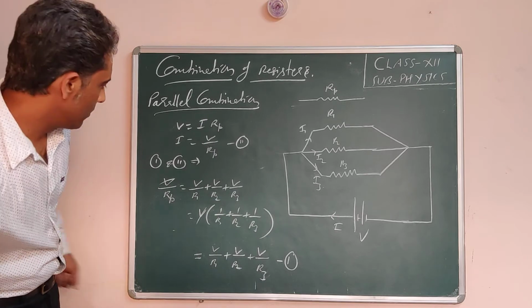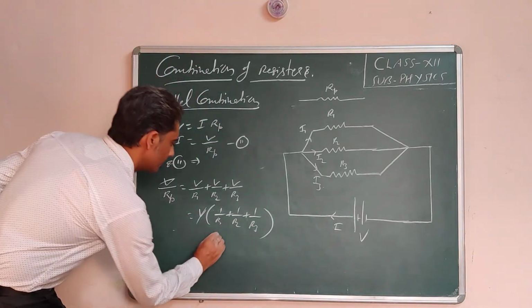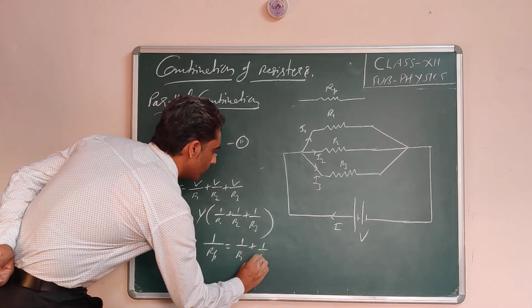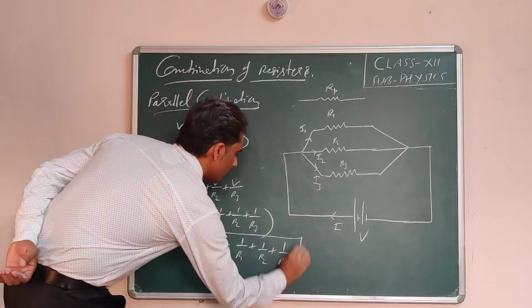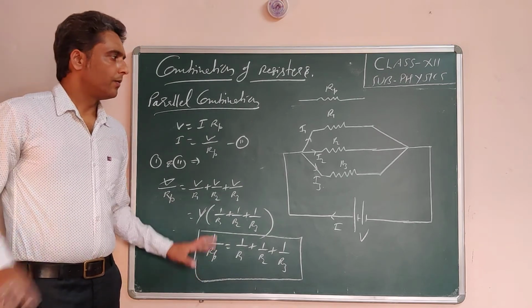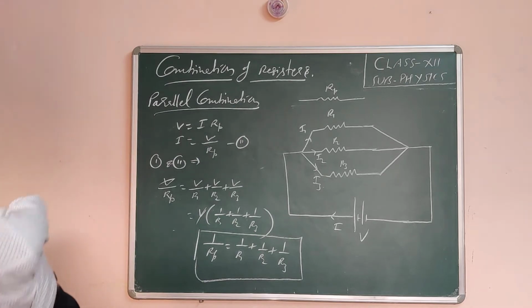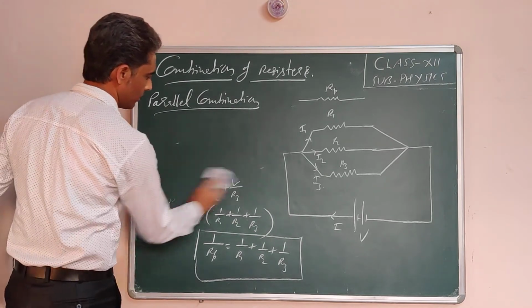So you can write 1 over Rp equal to 1 over R1 plus 1 over R2 plus 1 over R3. So this is Rp, the equivalent resistance when the resistors are connected in parallel. Again we can generalize this result for n resistors.